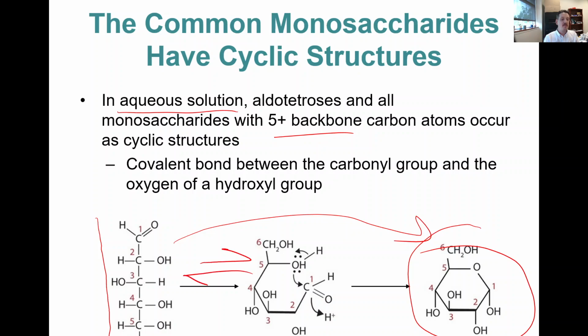But the equilibrium in aqueous solution is heavily pushed towards the cyclic form. Remember, it's in equilibrium, so there's still a small amount of the linear form. When these sugars are dry, though, it's going to be more towards the linear form. But we look at the linear form because it's easier to look at the stereochemistry and understand the differences between the sugars in that way.